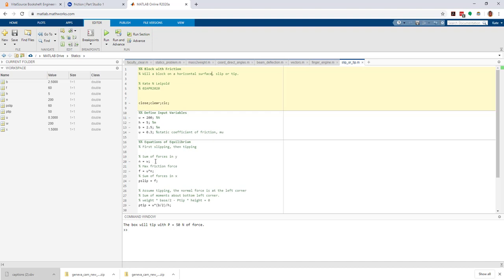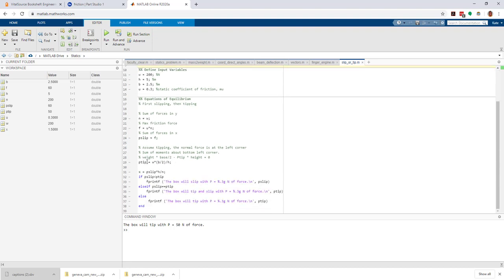So if I sum forces in Y, my normal force is equal to my weight. My friction force, the max friction force right before slipping, is the coefficient of friction times the normal force. So how much you would have to push to get it to slip? P slipping, the pushing force of slipping, is equal to that friction force.